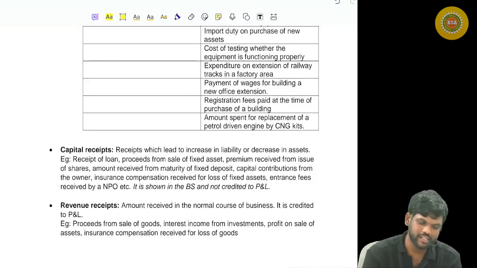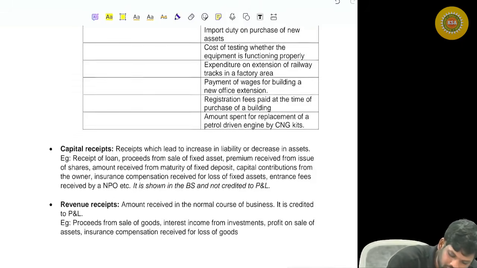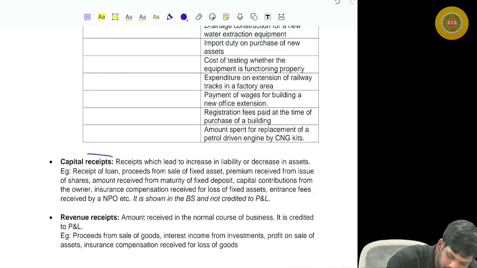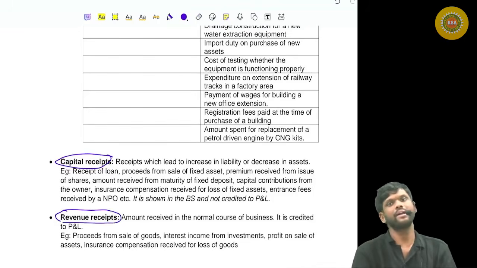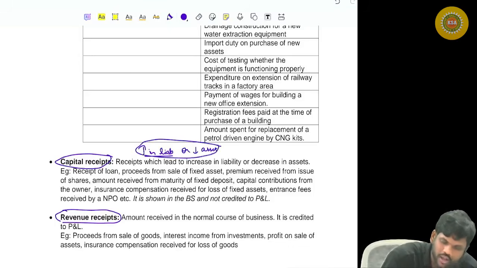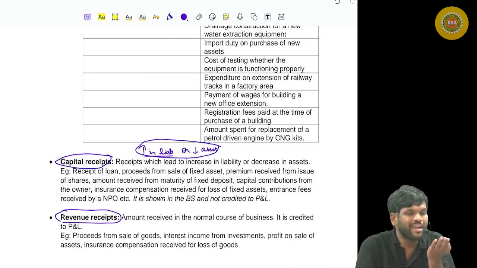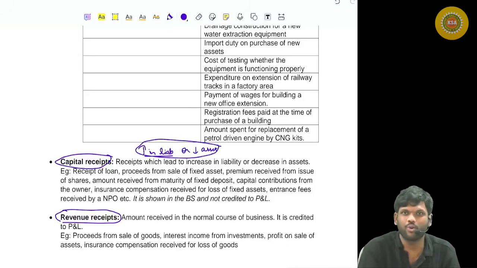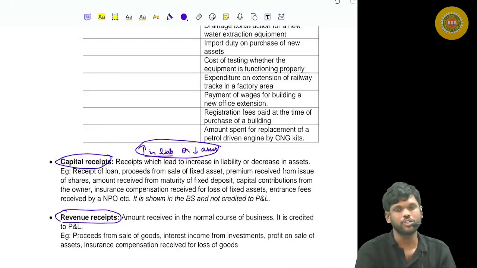Same way for expenditure, like how we have for receipts also, we have capital receipts and revenue receipts. Capital receipts means any receipt which will increase the liability or decrease the asset. Whenever you receive money, and because of that either your liability increases or your asset decreases, then that is a capital receipt. Any example, sir?